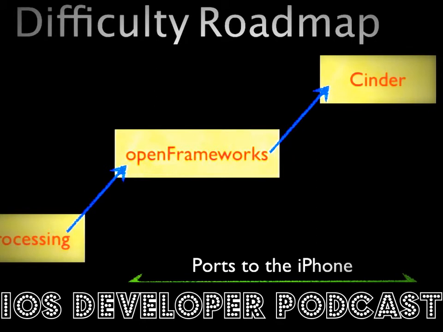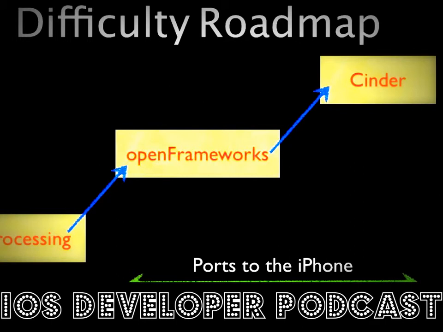Obviously, I'm going to be focusing on OpenFrameworks for the next 45 minutes or so. Processing is generally built for, I guess, the competitor crowd, Java and Android. OpenFrameworks runs on pretty much anything that you can find. It runs for Mac, Linux, Windows, and a bunch of different phones.